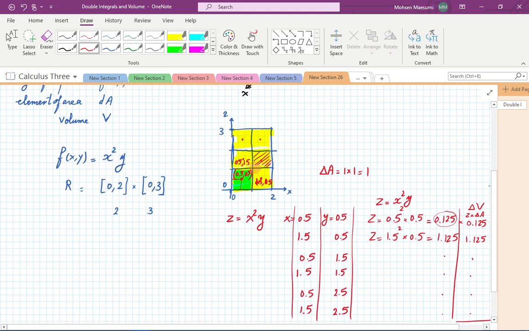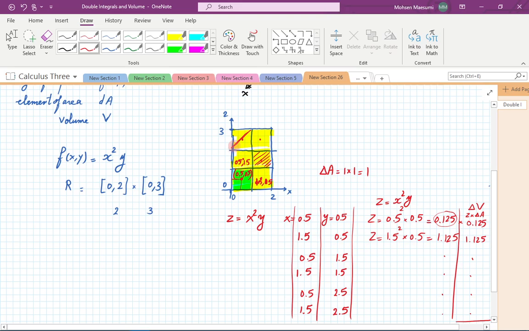We have to make our rectangles, our cells, smaller and smaller. How do we measure that our rectangles are becoming small? The easiest way to do this is to measure the diagonal.